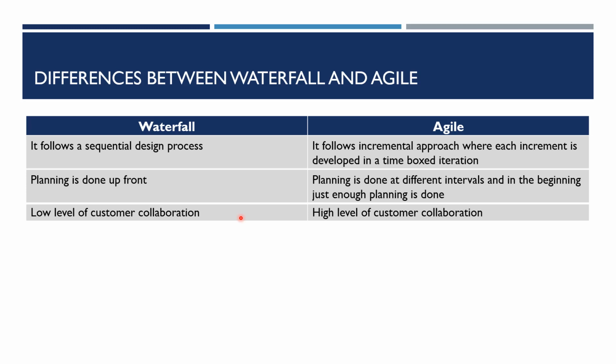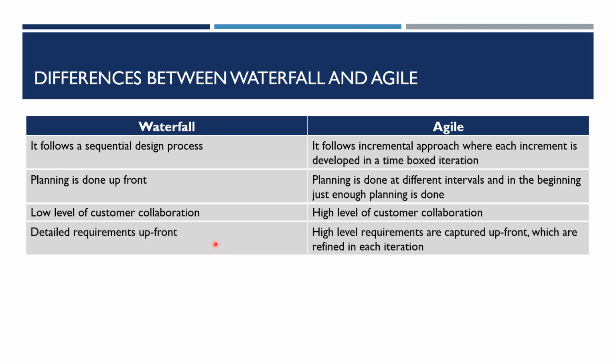So they're not there to collaborate on a day-to-day basis. Whereas in Agile, it's a high level of customer collaboration. The customer is tied very closely with the team, and they keep interacting on a day-to-day basis.